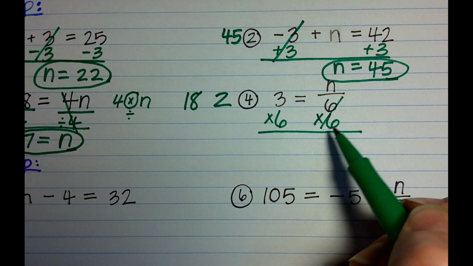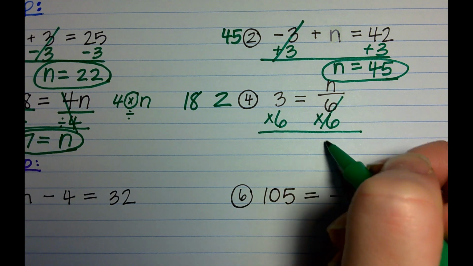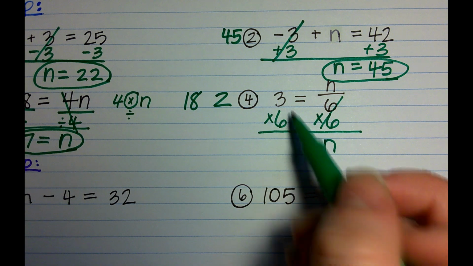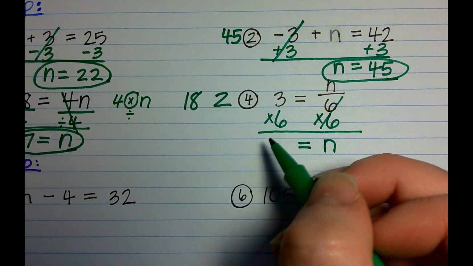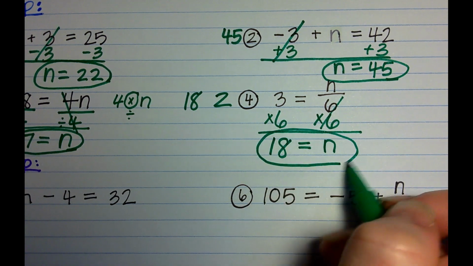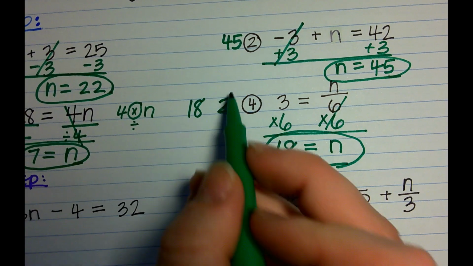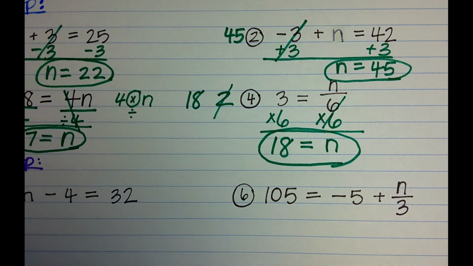No big deal. So, my 6's cancel. I have n by itself. Bring down my equal. 3 times 6 is 18. 18. Good. I got 18, but I did 3 times. I didn't divide it. That's what messed me up.